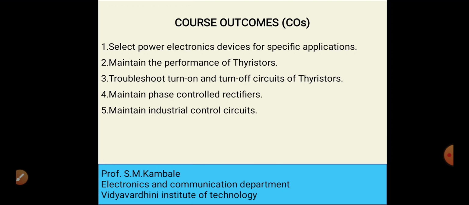But in the controlled rectifier an SCR is used, so we can change the firing angle as well as the conduction angle of the SCR. Therefore we are able to change the output DC.